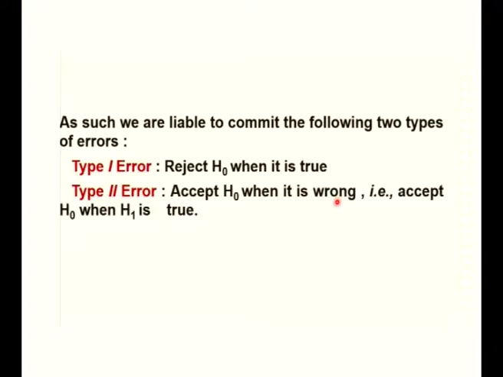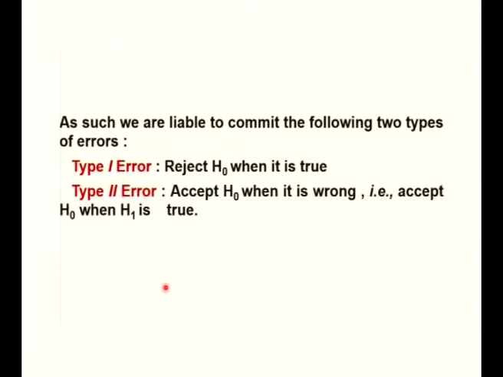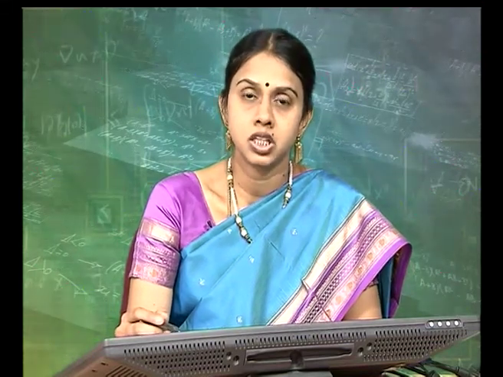It is like accepting the defective item when you are examining the items in an industry. So, there are two types of errors. One is rejecting H naught when it is true, and type 2 error says accepting H naught when it is wrong. That is, we are talking about the hypothesis, right? So, accepting H naught when it is wrong means when you are accepting H naught, you are rejecting H1, because H naught and H1 are complementary to each other.